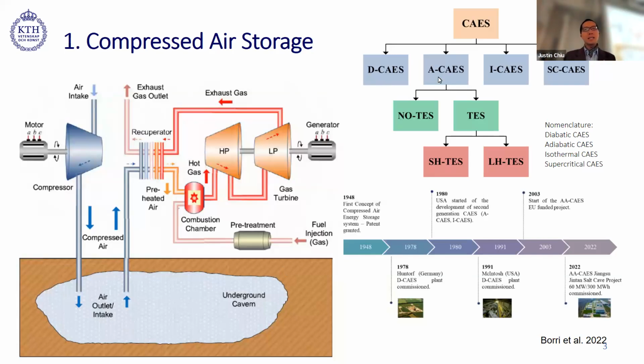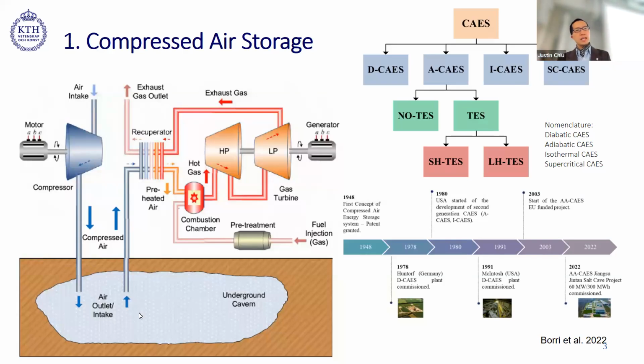It can be adiabatic, meaning that we use a thermal energy storage, or it can be that we just insulate the whole system very well, so without thermal energy storage, but our air is heated up. It can be isothermal. That means we compress at a very slow rate, or we remove the heat during the compression. And it can also be supercritical compressed air energy storage.